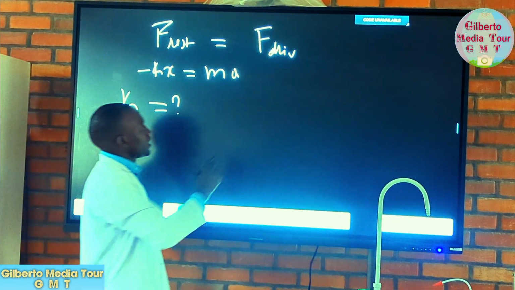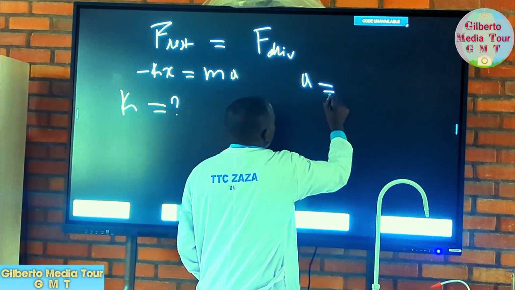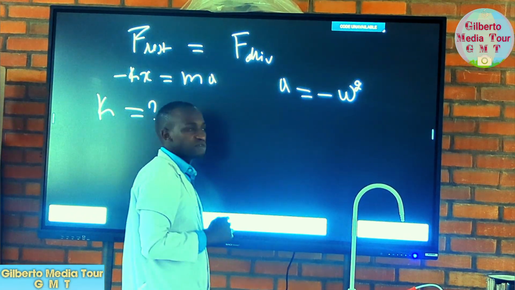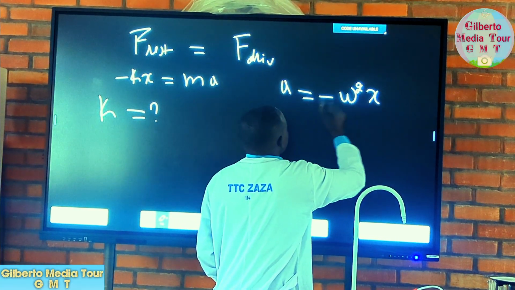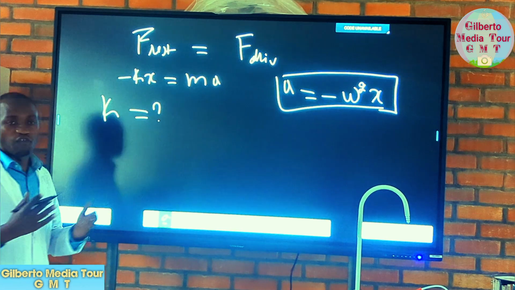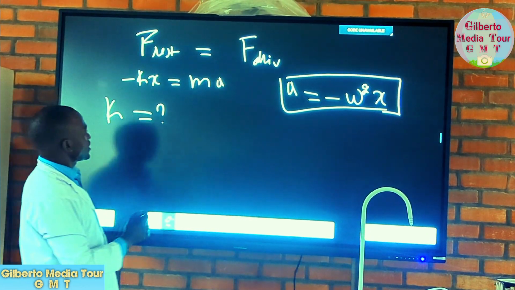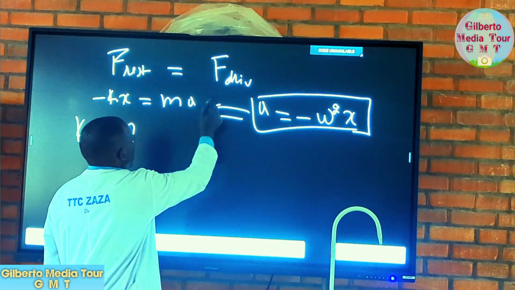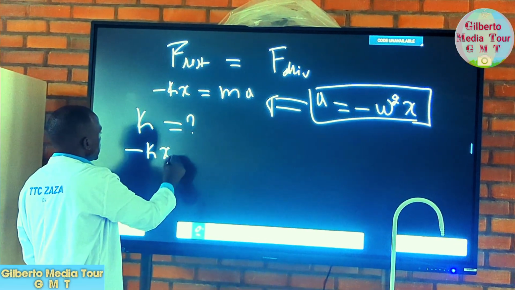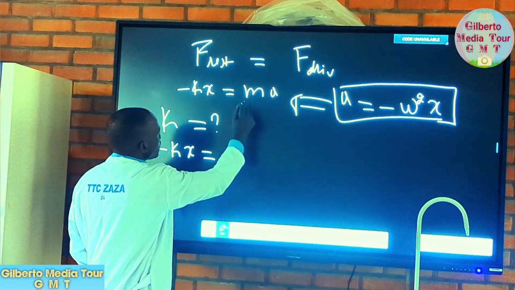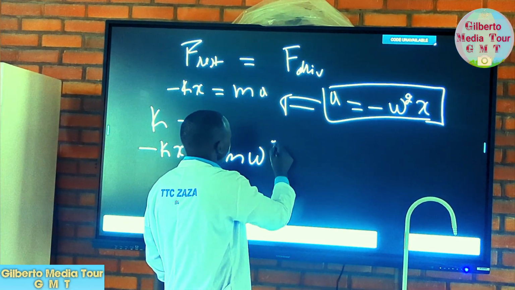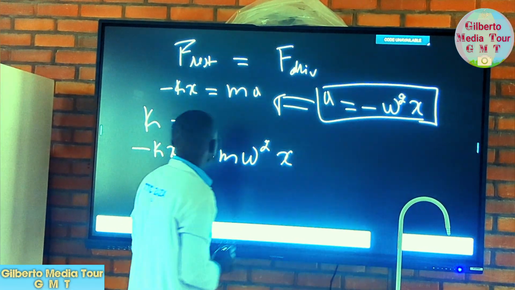Remember, the acceleration of a simple harmonic motion always equals negative angular frequency squared times its displacement. This is the acceleration of a simple harmonic motion. Let's plug in here. Negative kx will equal negative mass times the angular frequency squared times x.